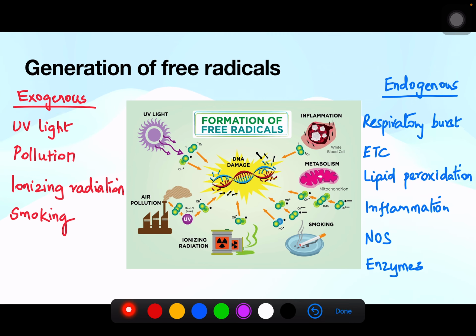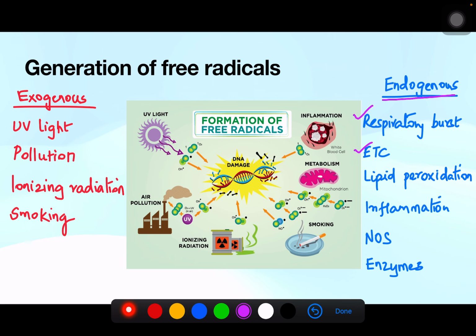Now generation of free radicals. So how are these free radicals formed? Endogenously, how are they formed? By respiratory burst. The respiratory burst is an antibacterial mechanism that happens in the macrophages whenever bacteria enter into them. Then the electron transport chain.